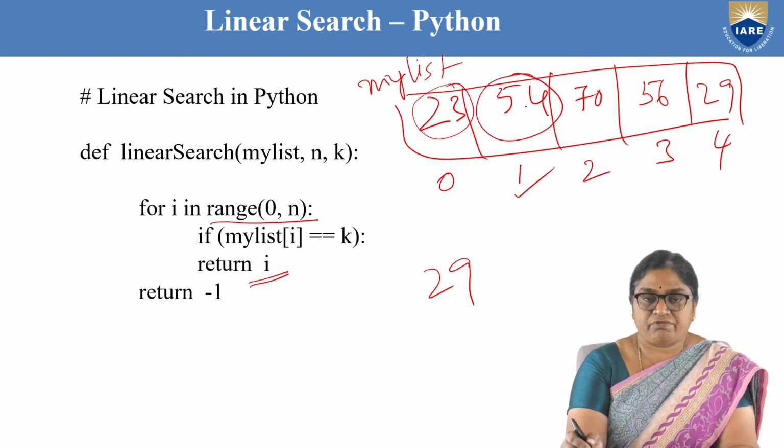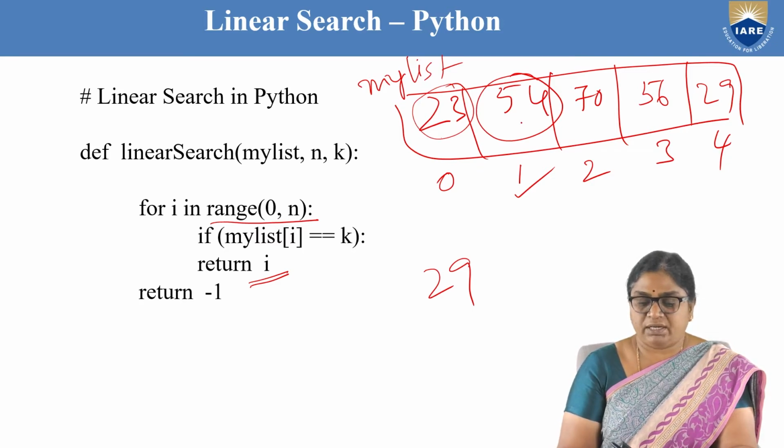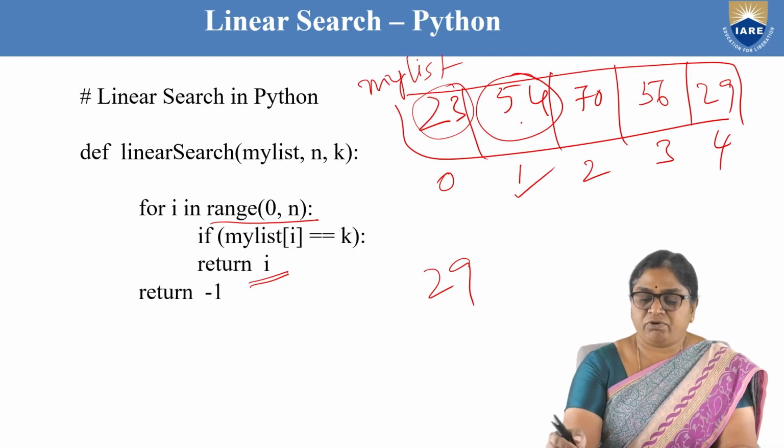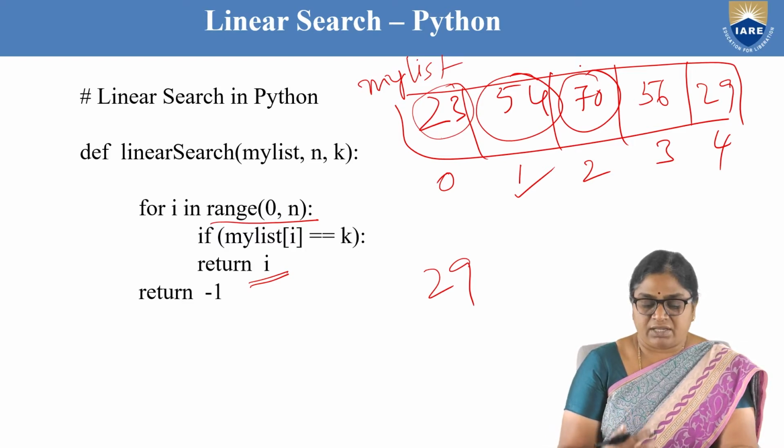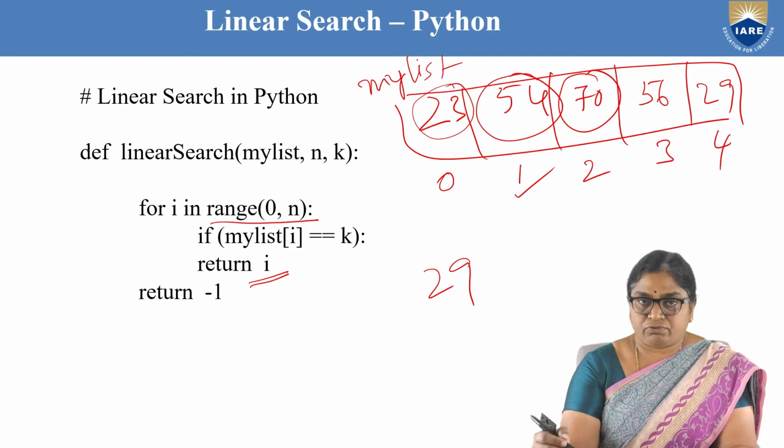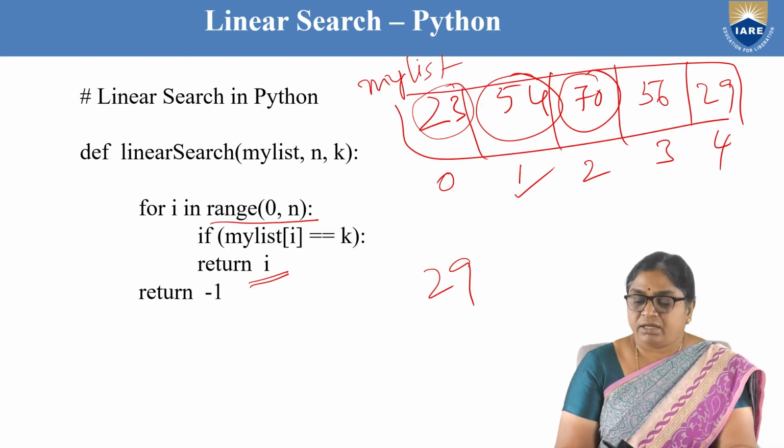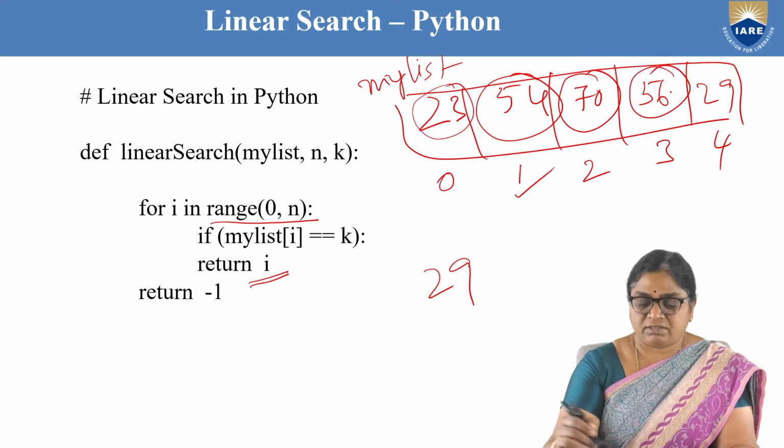Now we will compare 54 with 29. If 54 is equivalent to 29, then the search is successful. But here both the values differ. Then we go with the next element 70, the next iteration. i is equivalent to 2 now, and we compare my list of 2 with the key element 29. Here also a match is not found. Once again we go with the next element 56 against 29.